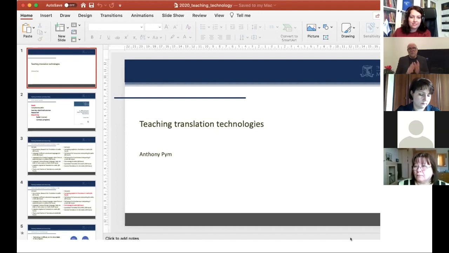And the first problem we have is, where do you put technology in the sequence of activities that we're going to use to train translators and, I suggest, interpreters? Now, the trick is all the needs are different, so all the programs are different. I can't tell you what to do, but I can tell you what I do. And from there, you might get some ideas about how to adapt that to your situation.